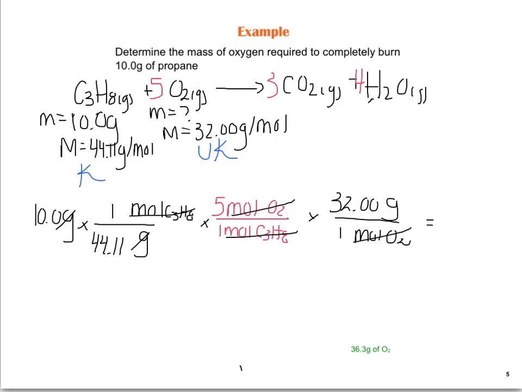We're left with only the unit of grams on top, and all the units on the bottom have canceled out, so that looks good. Multiply all the way across the top, so 10 times 1 times 5 times 32. Press enter. Multiply all the way across the bottom, 44.11 times 1 times 1. Press enter and divide those two numbers. We should get 36.3 grams of oxygen. Looks good.